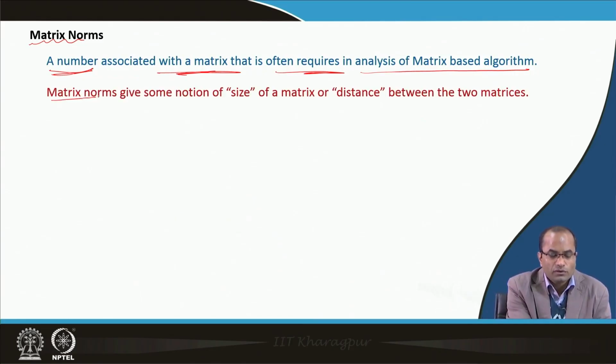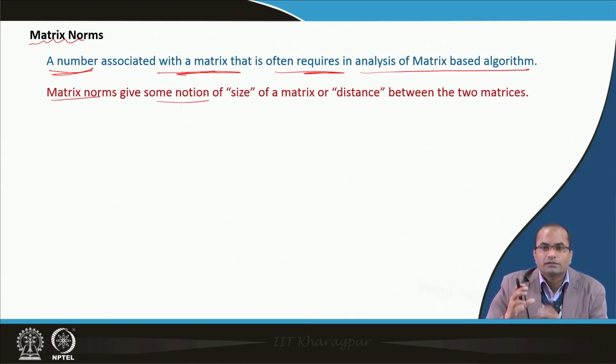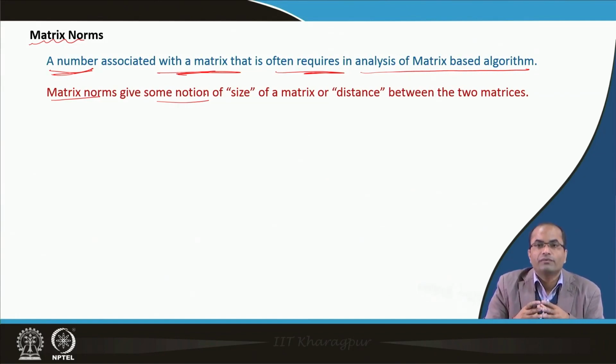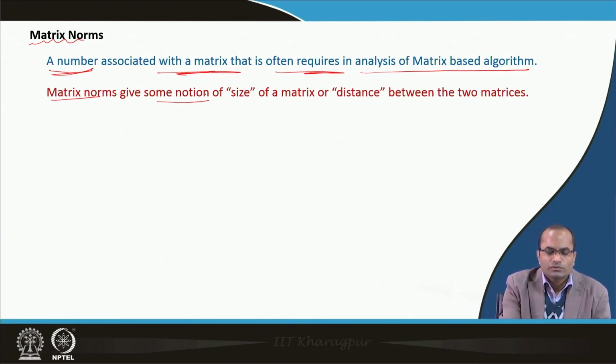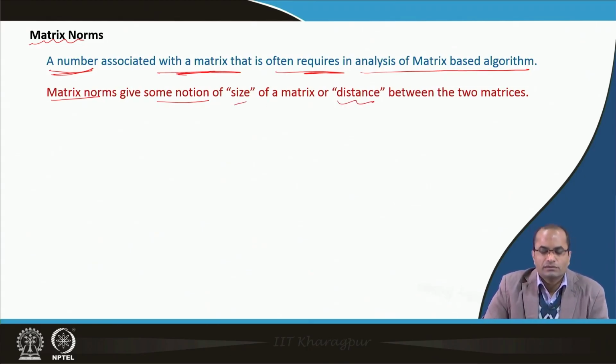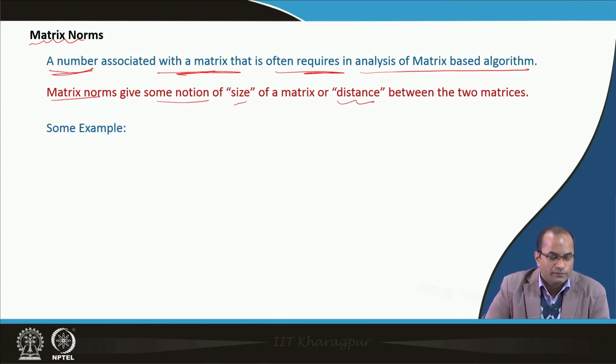The matrix norm gives some notion of the size of a matrix, because it is a number associated with each matrix. We can, for example, compare two matrices in this sense, or find the distance between two matrices, whether they are close to each other or very different. Those notions can also be captured with matrix norms, which we are going to define now.